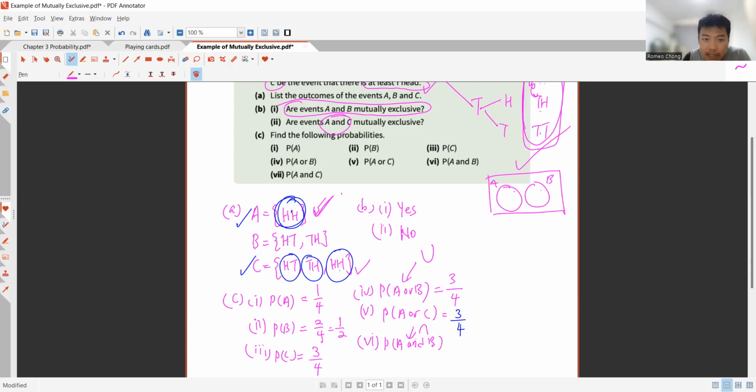If you look at A and B, is there any common element? A is HH, and B has HT and TH. Obviously they have no common element. So in this case there is no result. No result means zero possibility. You can't get a common element between A and B. So that's why it's 0.